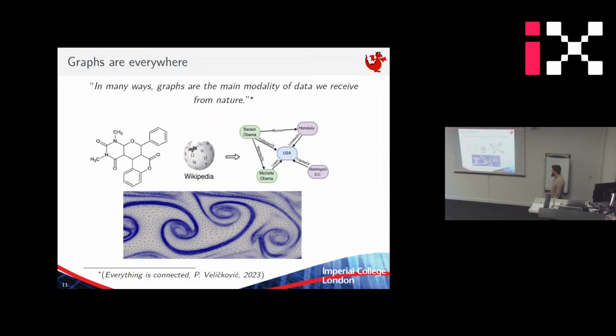This is a picture from FreeFem++, another software I was also involved in. You have a triangulation of your domain, and then you solve your equation on that mesh. So a mesh is clearly a graph, right? You have nodes and edges. I think I don't need to convince you about that.